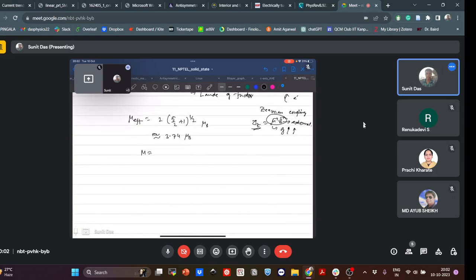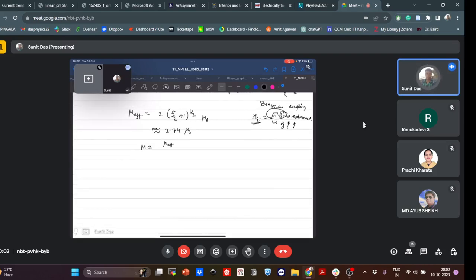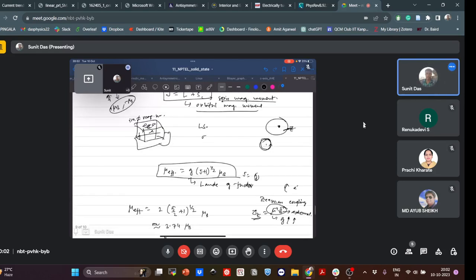Now the volume and other information is not given, so it actually happens to be mu effective by volume, right? But volume is not given.